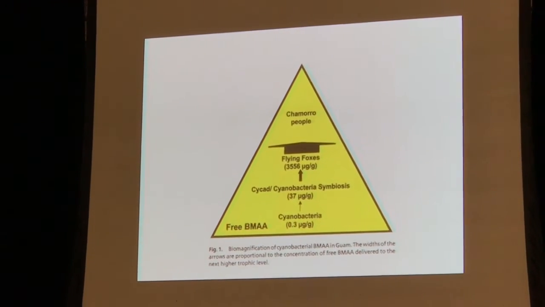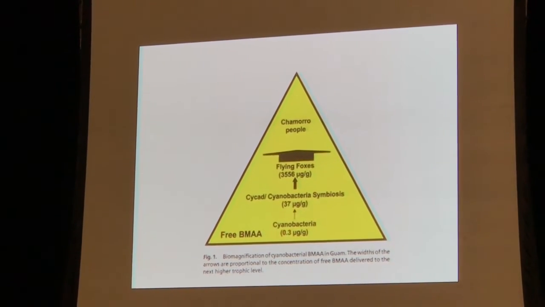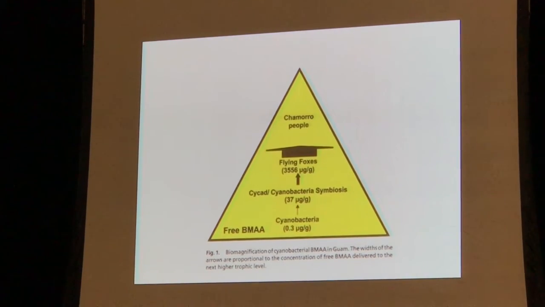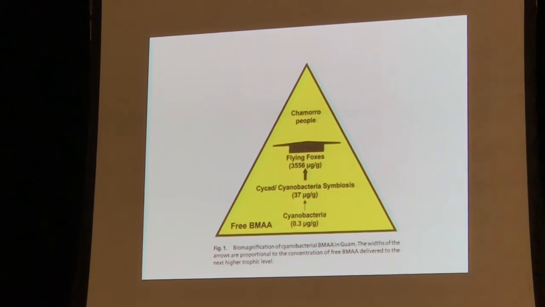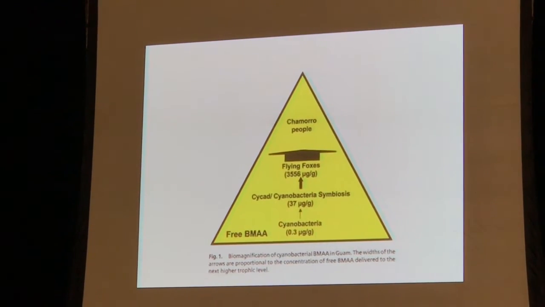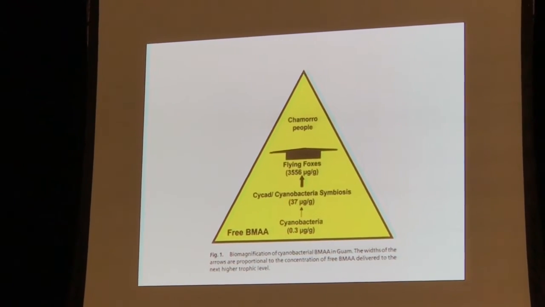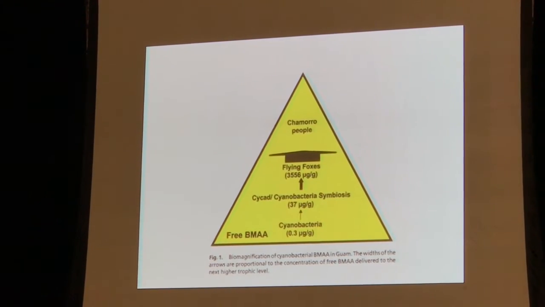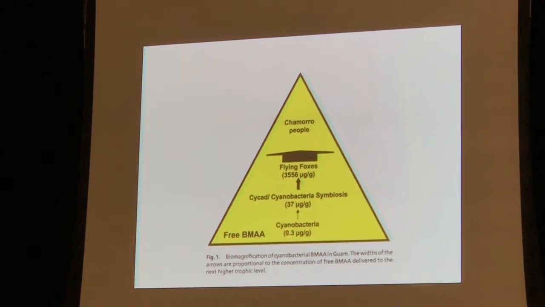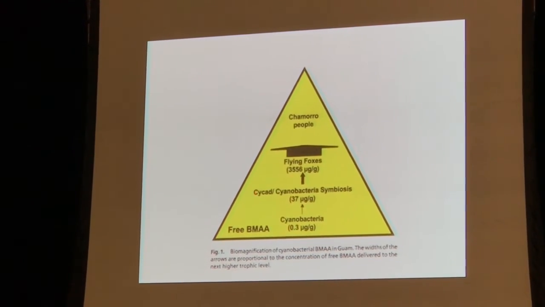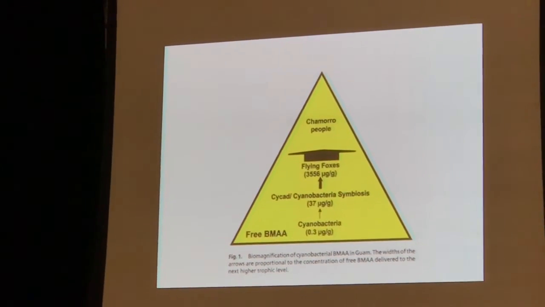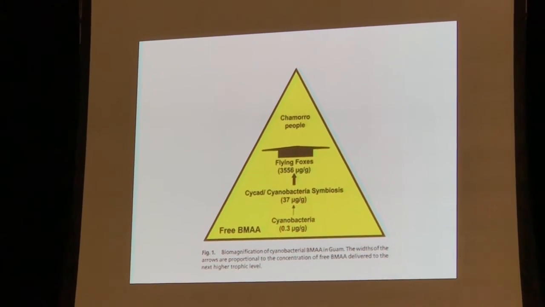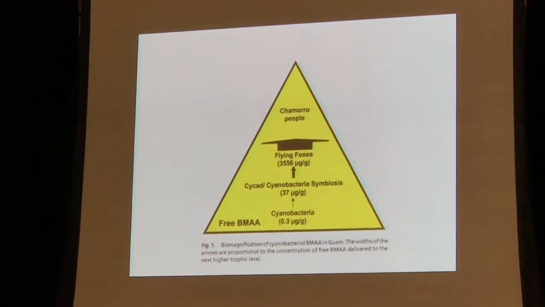And then a colleague of mine, Paul Cox, an ethnobotanist, took a very different approach to trying to understand this, because the medical community for many decades couldn't figure out what the linkage was. What Paul Cox found out was that he calls them flying foxes, but technically they're fruit bats. They eat the seeds of the cycad trees on the island, and those cycads have symbiotic cyanobacteria living on their superficial roots.